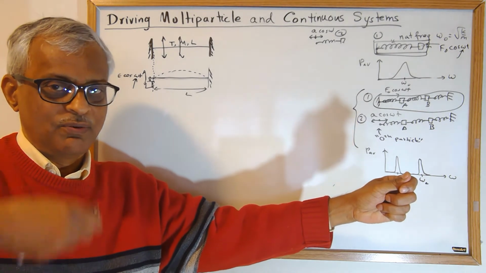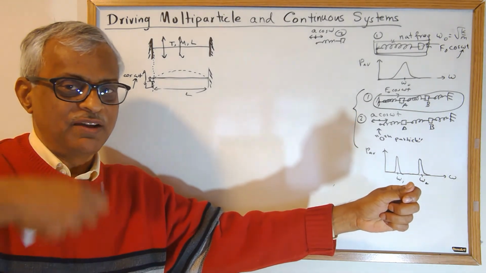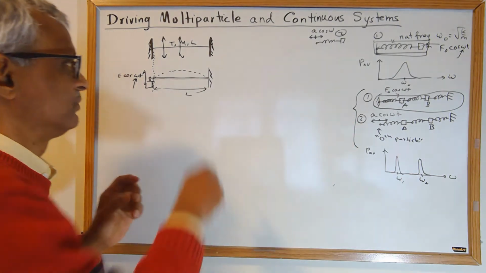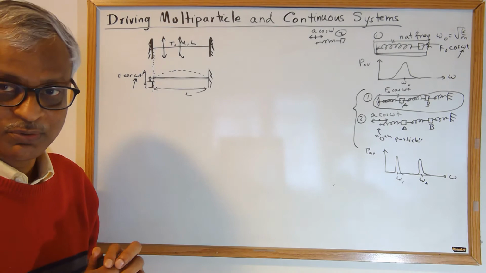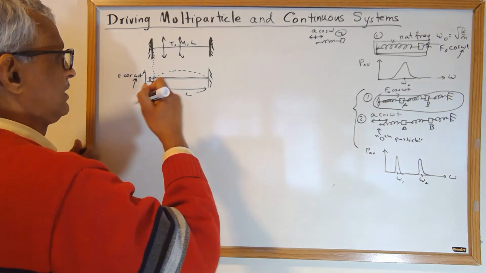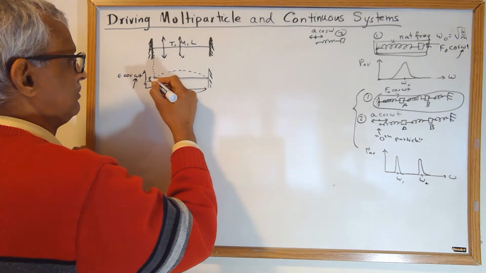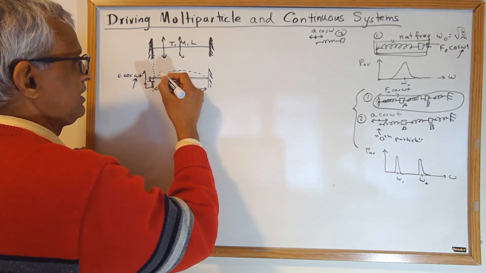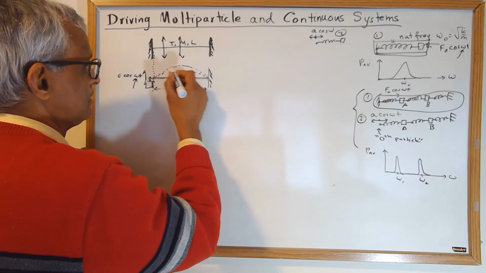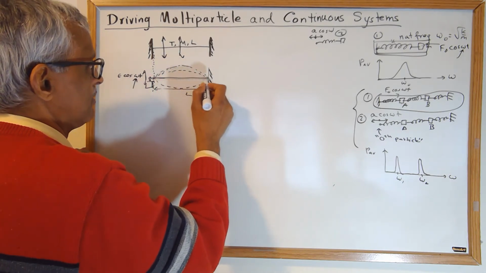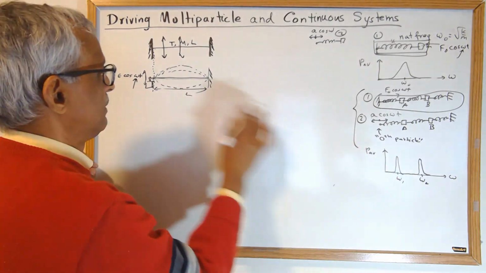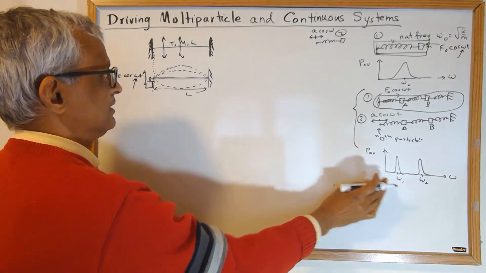But if you vibrate at a frequency that corresponds to a normal mode, you'll see a very, very high amplitude. Okay, so it's kind of like this. I caught one of the frequencies.